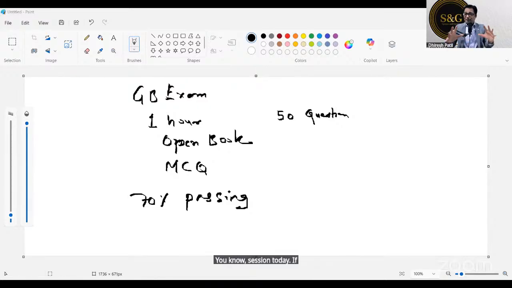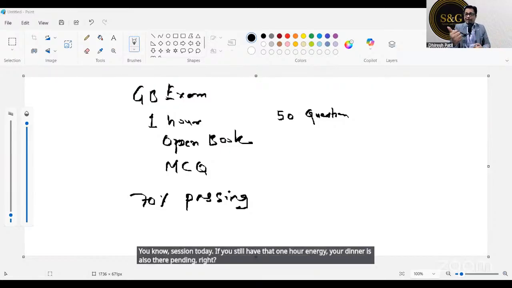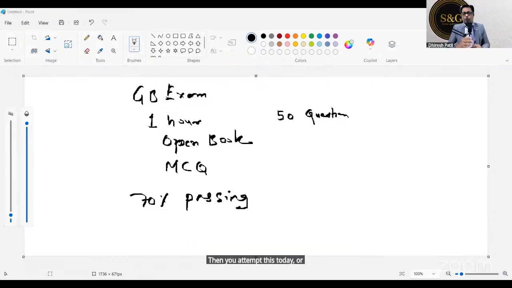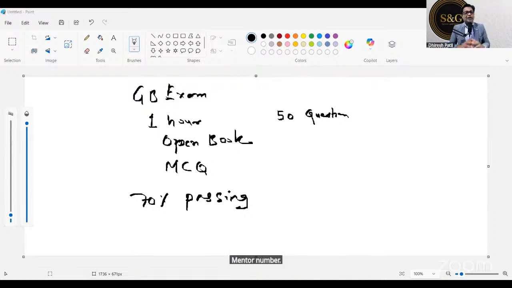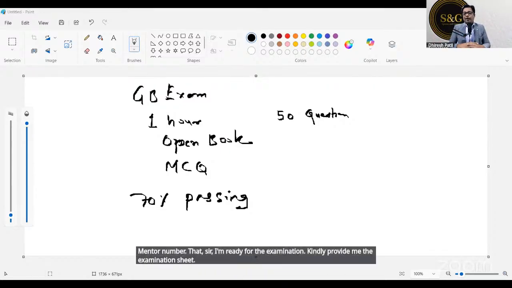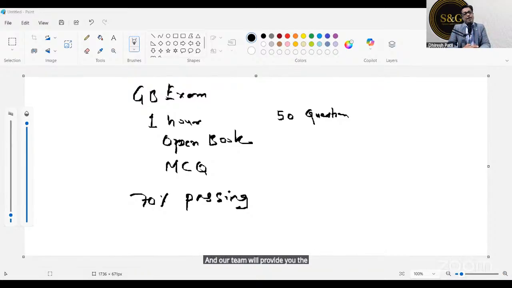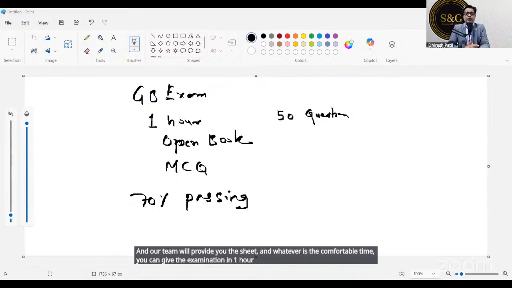If you still have that 1 hour of energy, and your dinner is also pending, then you attempt this today, or you can do it tomorrow or the day after. You just have to send a message on the mentor number saying, sir, I'm ready for the examination, kindly provide me the examination sheet. Our team will provide you the sheet, and at whatever is a comfortable time, you can give the examination in 1 hour and submit it.